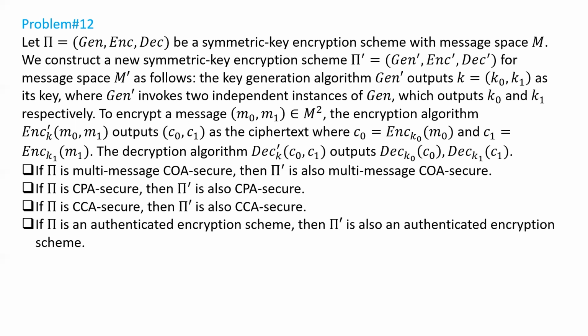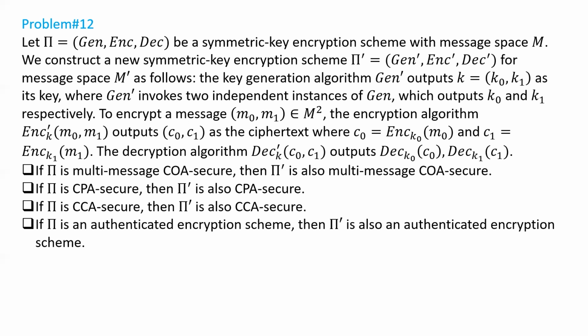And the same applies for CPA security as well, because when the adversary has access to the encryption oracle, it basically sees encryptions with respect to scheme pi and with respect to two different keys K0 and K1. So at the end of the query phase, the adversary actually has two lists of message-ciphertext pairs.